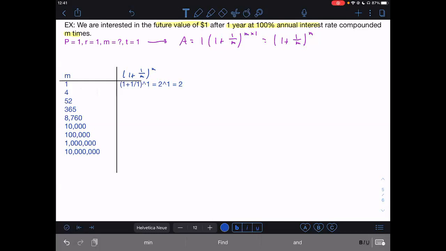For our second row, here our value M is going to be 4, so 1 plus 1 over 4 raised to the 4th power. If we plug that into your calculators, we should get roughly around 2.4414. Or if we want, what we can do here is set up a table using our calculator.